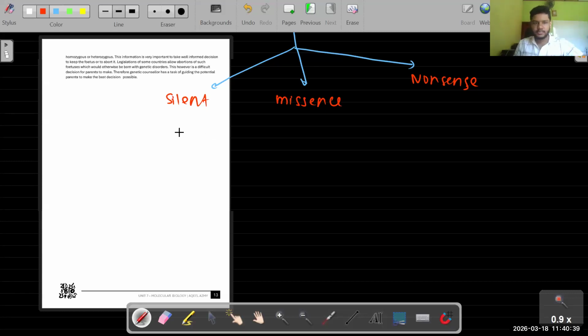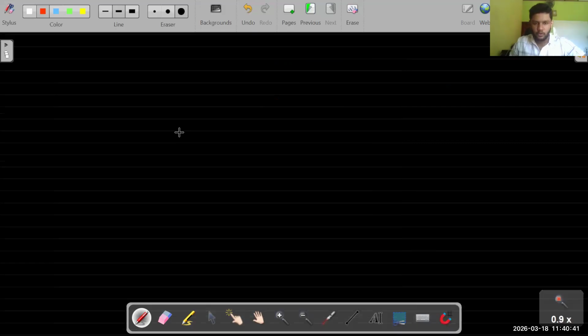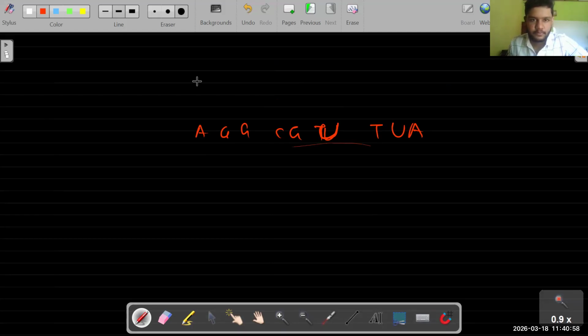So normally the codon, see here, codons, right? Now if you see A, G, G, C, G, and uracil, let's use uracil.